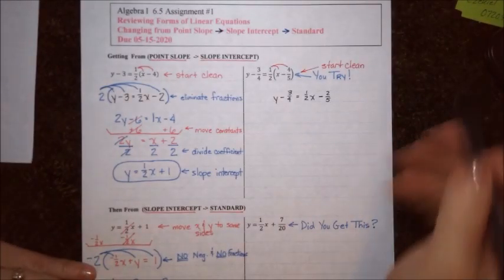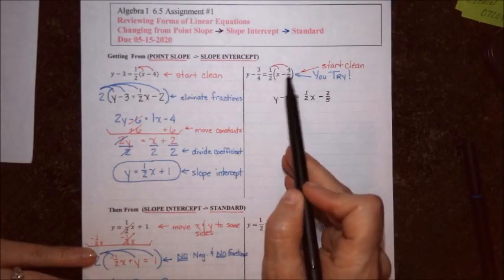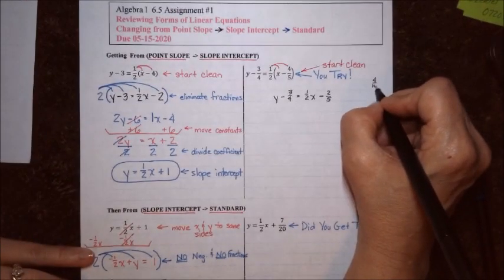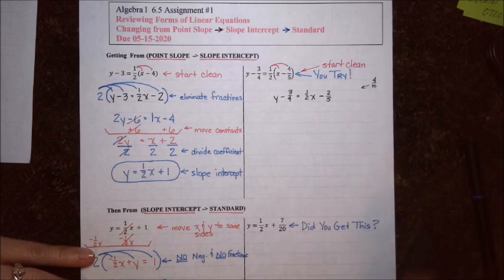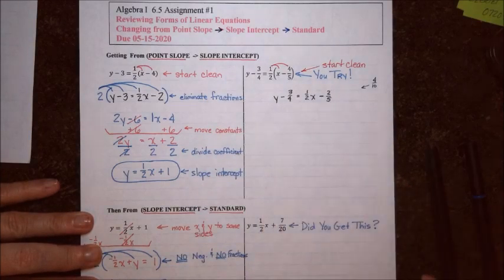Don't overcomplicate it, but multiplying across, we get 4 times 1 is 4, 2 times 5 is 10. That, of course, is 4/10, but that's how it's simplified to 2/5. So we have everything nice and clean, right? Now it's time to get rid of those nasty denominators everybody hates.